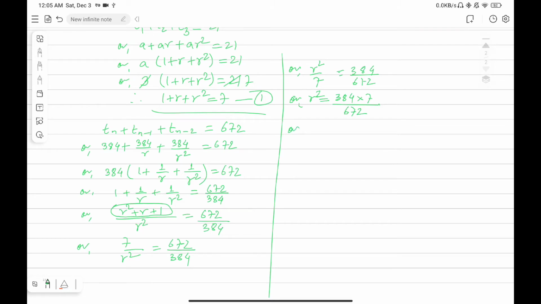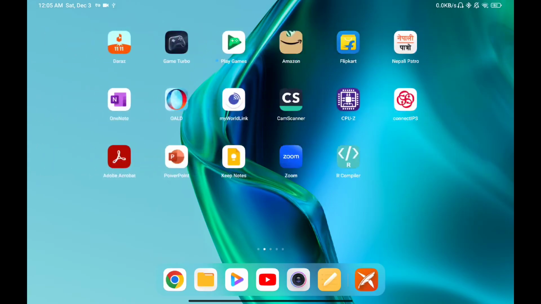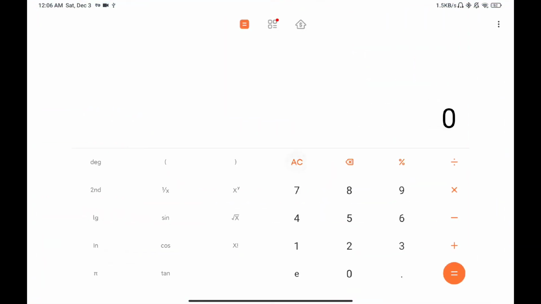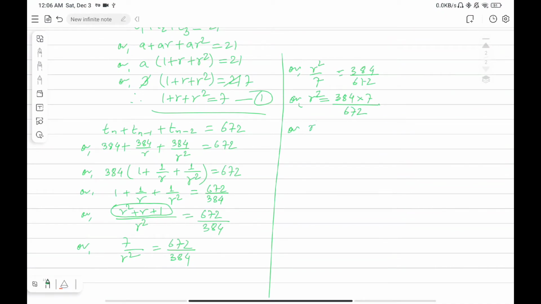Let's use a calculator for a while. We have 384 multiplied by 7 divided by 672, and the result is 4. So we are getting r square equals 4.